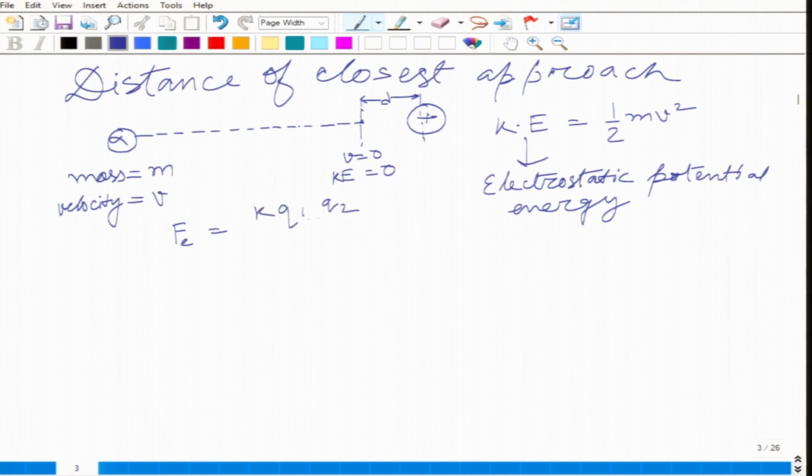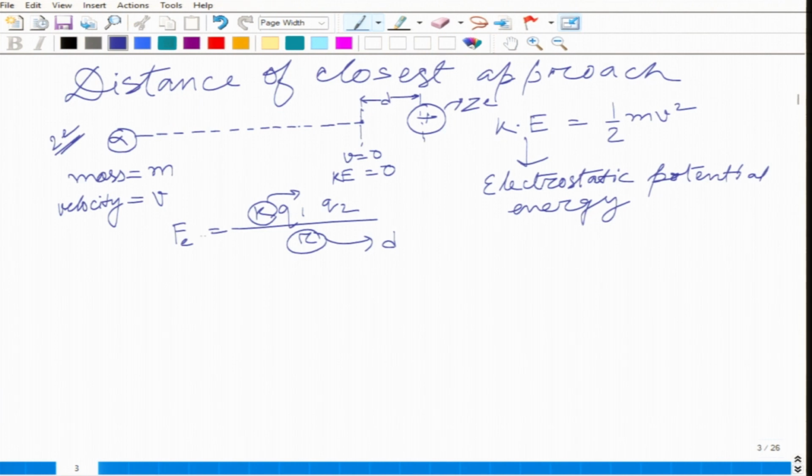K Q1 Q2 by R, where K is the constant, and R is the distance between the two charges, in this case d. Q1 and Q2 are the charges of the alpha particle and the nucleus. The alpha particle has a charge of 2e, since it is a plus 2 charge on helium, and the nucleus will have a charge of Ze, where Z is the atomic number of the atom or the number of protons of the atom.